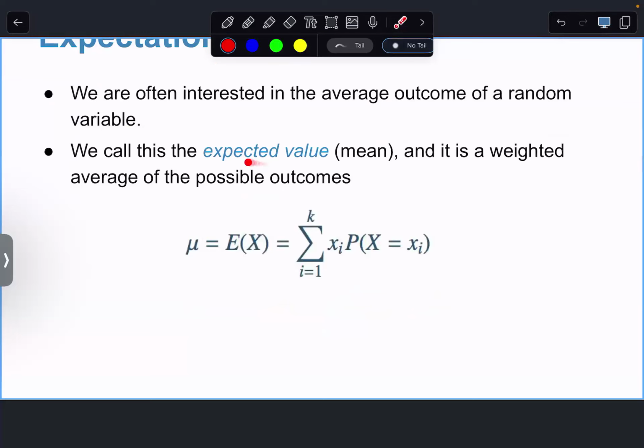And often, especially in upper level stats, we talk about the expected value, which is the mean. It is the average. Okay. And so the expected value is the mean. So it's another term for the mean or average, right?